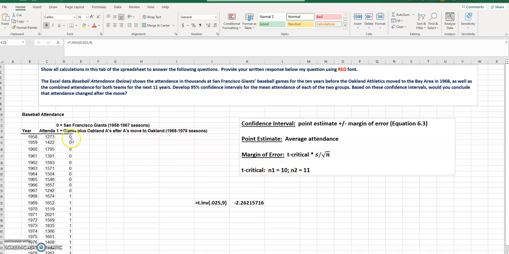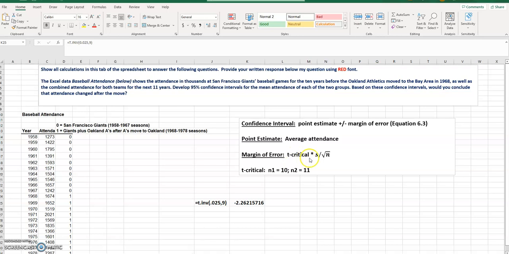As we look at this first set of data, N1, the number of data points is 10. So the degrees of freedom would be n minus 1, meaning a t distribution here with 9 degrees of freedom.